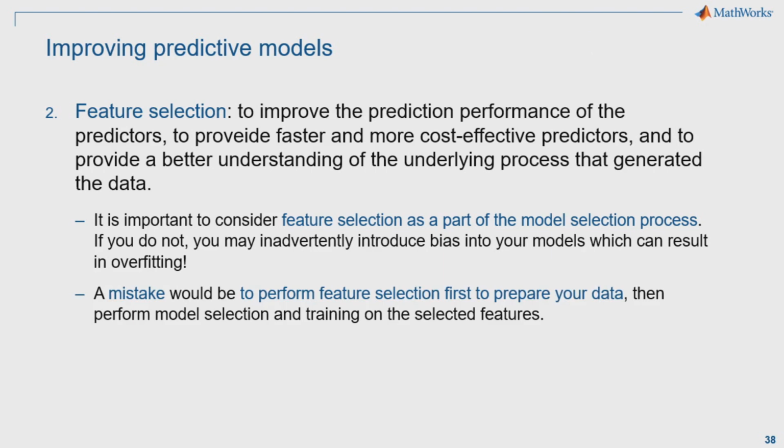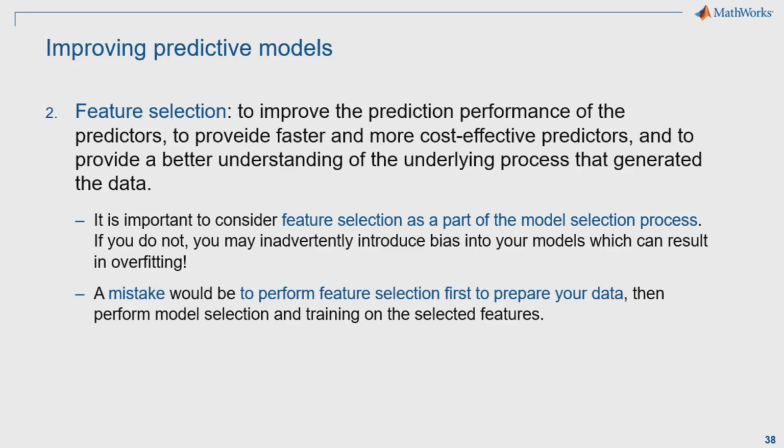Also, a mistake that is typically encountered in machine learning workflows is that feature selection is performed on the whole dataset once at the beginning, and then you decide which model to train and so on.